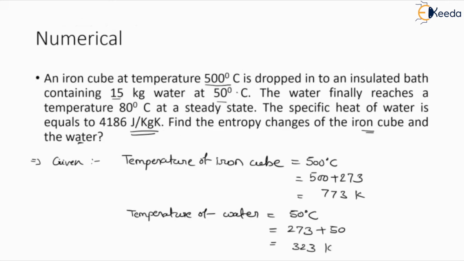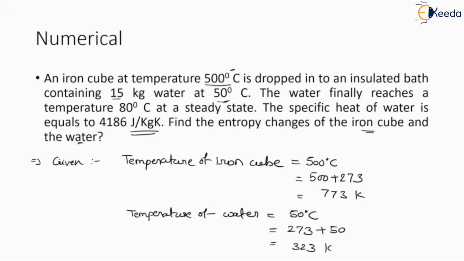So we will start the solution with the equilibrium condition. As per the given condition, the iron cube, which is maintained at 500 degrees, is dropped into the insulated bath containing 15 kg of water at 50 degrees centigrade. The water temperature is less and the temperature of the iron cube is greater. So the water will get heat from the iron cube and the temperature of the water will increase. At equilibrium, the heat lost by the iron cube will be equal to the heat gained by the water.